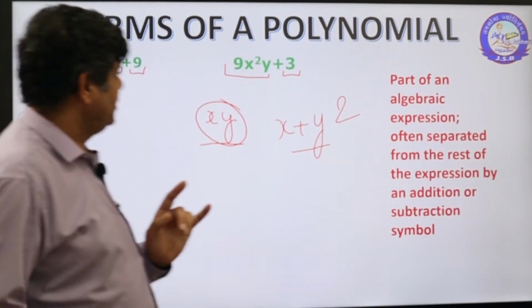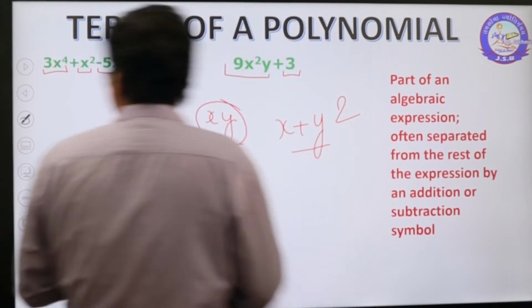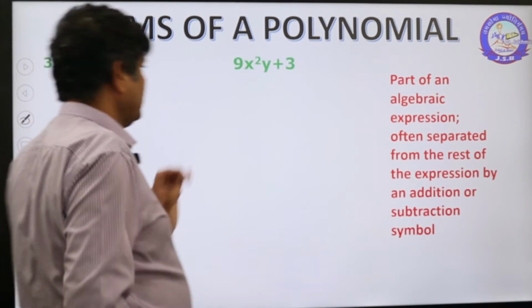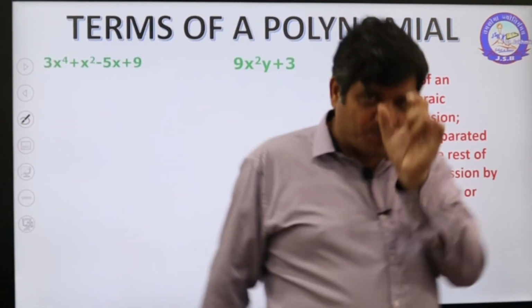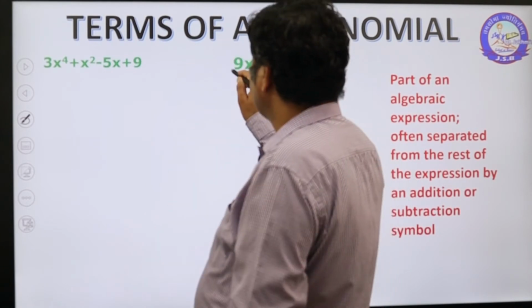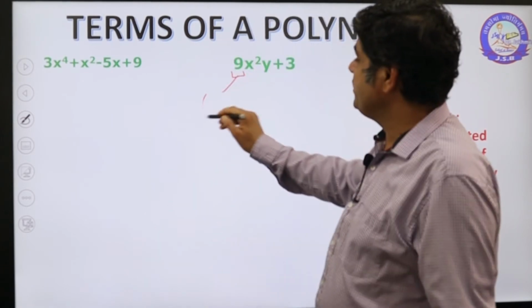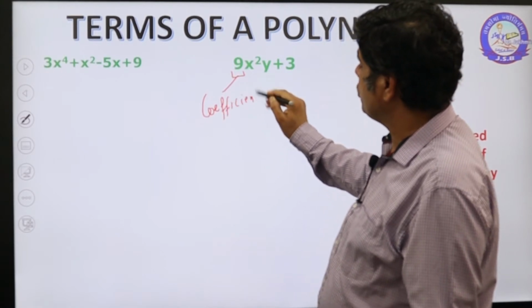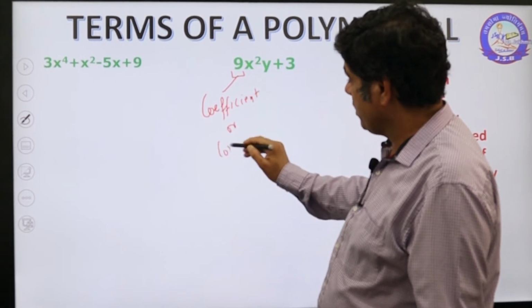Second thing you must know here is that in every expression or in every polynomial, every term has two parts. One part is called coefficient part, or constant part you can say.